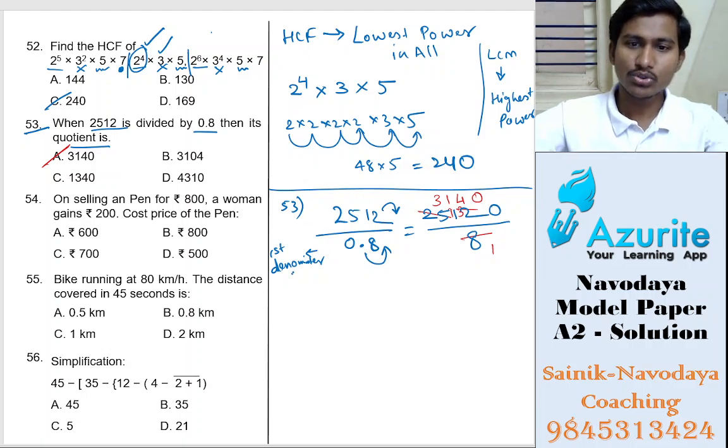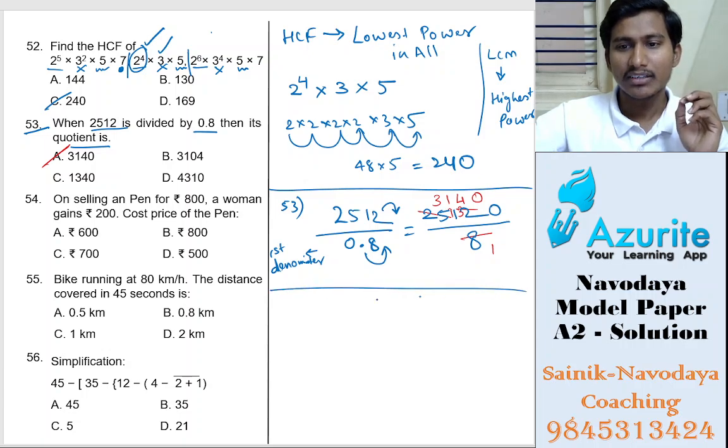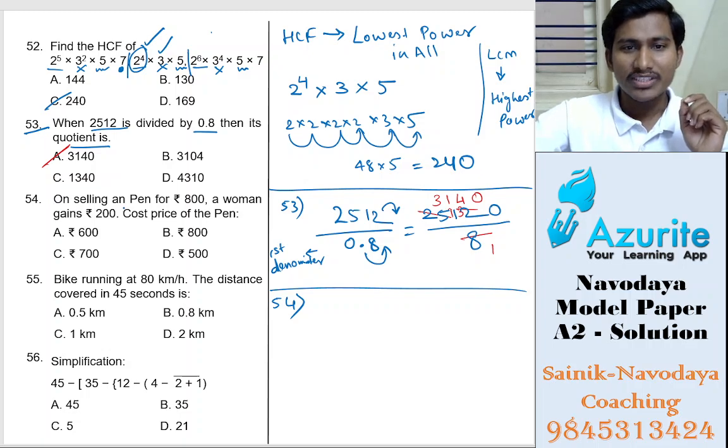Now let's do the next, that is the 54th question. On selling a pen for 800 rupees, a woman gains 200. Find the cost price. Selling price is given, that is 800 rupees. So profit is 200, right? So how much will be the cost price?